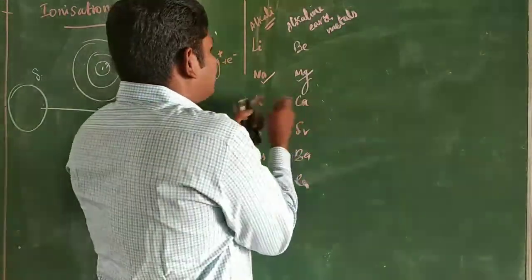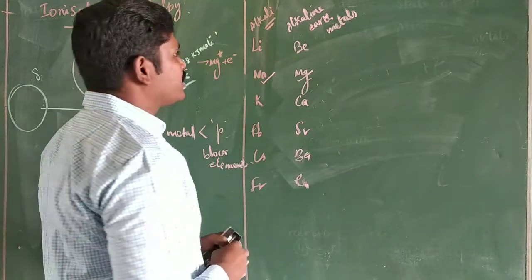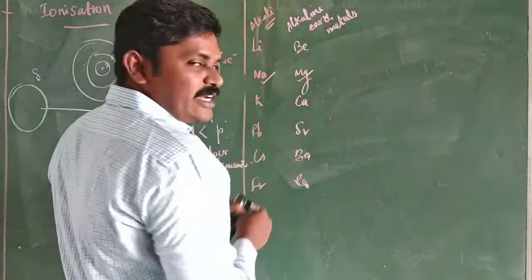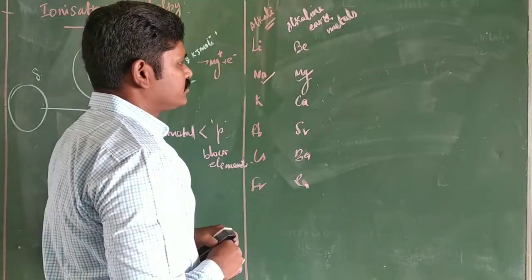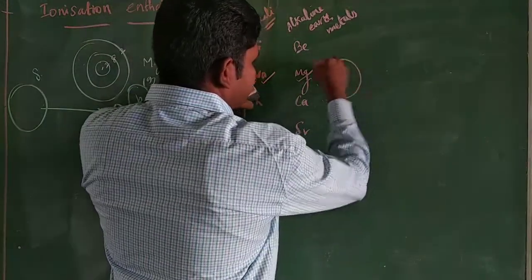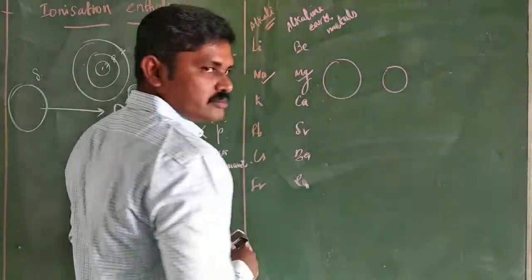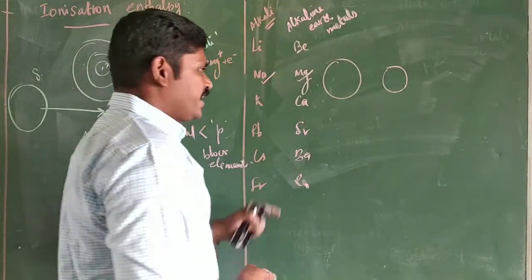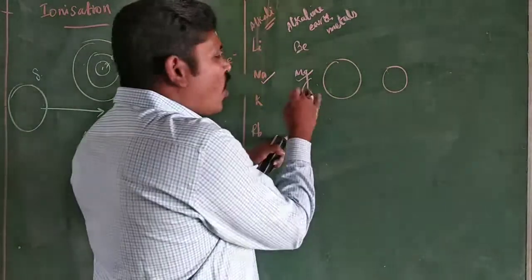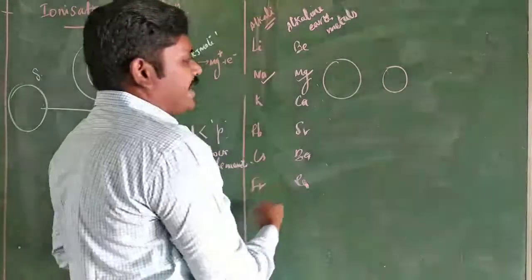The ionization enthalpy of alkaline earth metals is higher than alkali metals. Already you know that the alkaline earth metal size is less than alkali metals. Sodium is larger, but magnesium is smaller. In all alkaline earth metals, the size is smaller than the corresponding alkali metals.